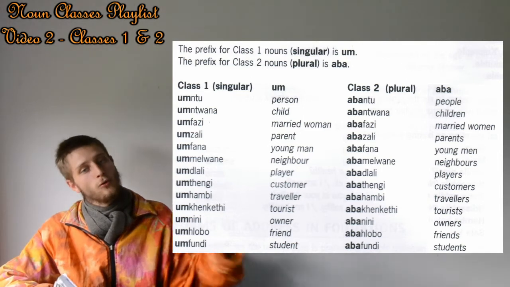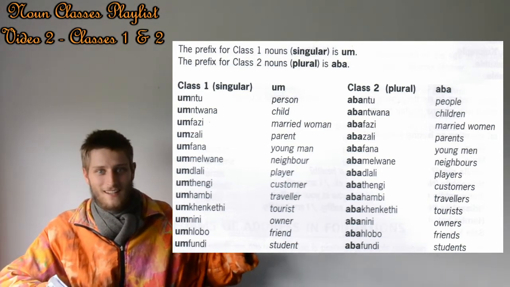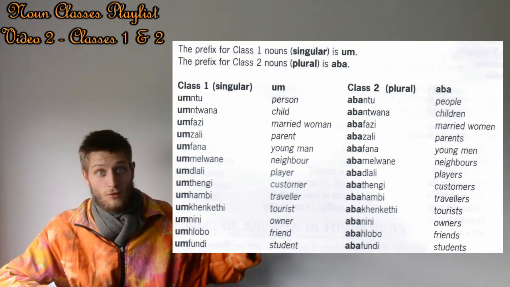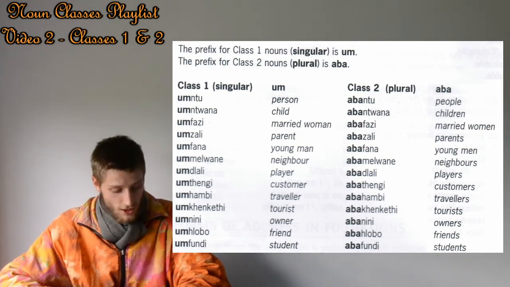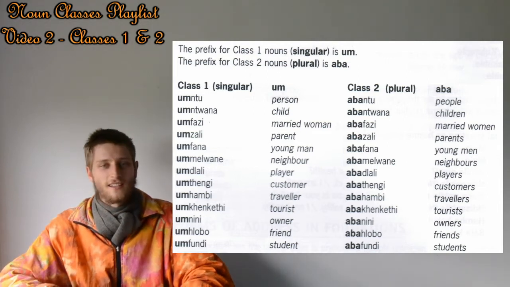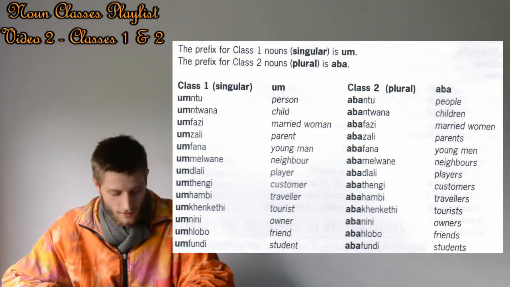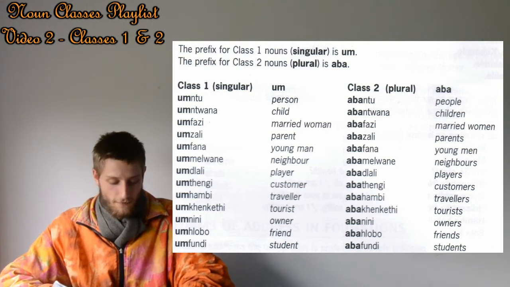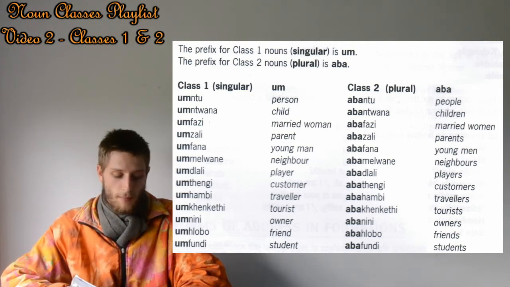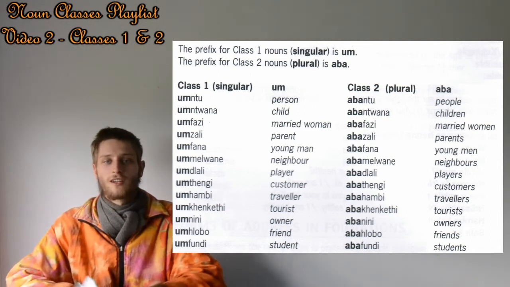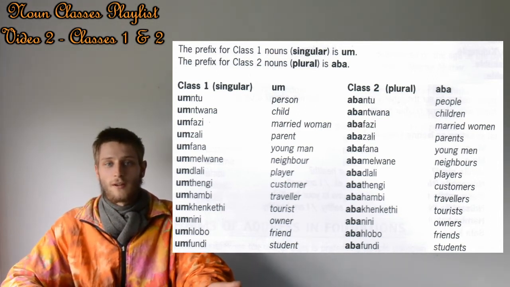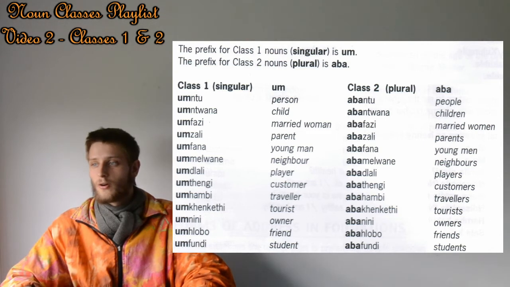That is quite clearly the common thread through all of the class 1 nouns, and they're all people related: person, child, married woman, parent, young man, neighbor, player, customer. And for class 2, you can see it's abantu, abantwana, abafazi, abazali, abafana. That's how you can distinguish between whether someone's talking about a singular or a plural.